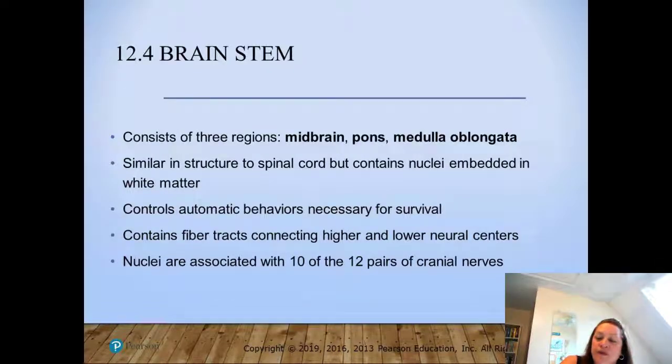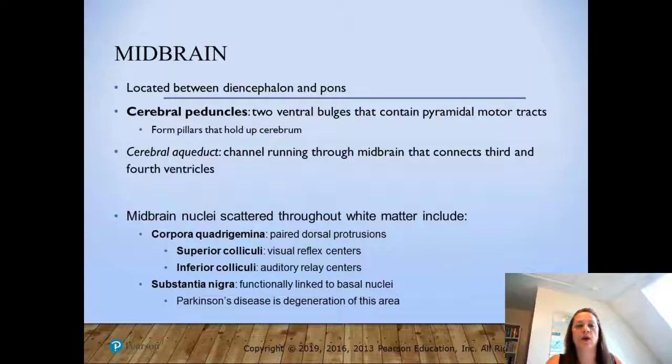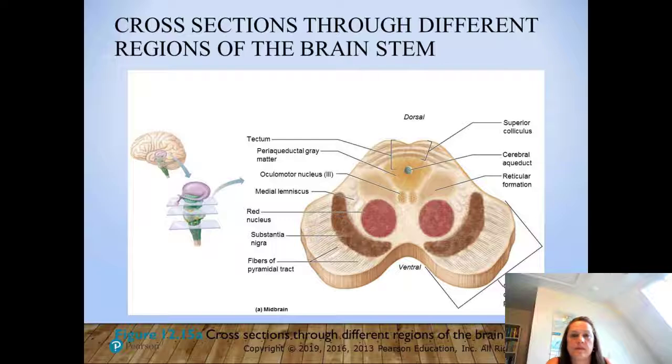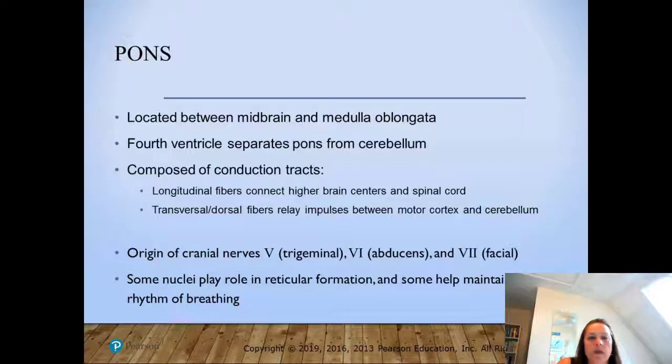They control the survival behaviors, meaning they give you a heart rate, a visual reflex, an auditory reflex, where am I, the breathing rhythm, the reticular formation. So the brainstem is involved in the basal life-giving functions of the brain.